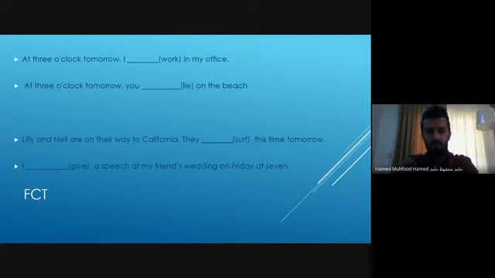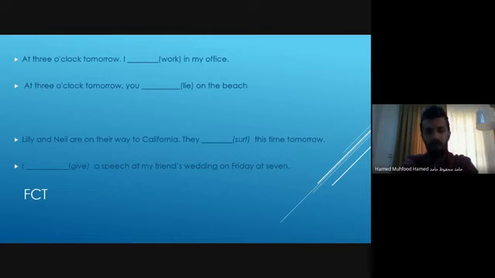They will be surfing this time tomorrow. Again, I presented a specific period of time in the future during which I expect the action will happen, and that's why I'm using the future continuous tense.